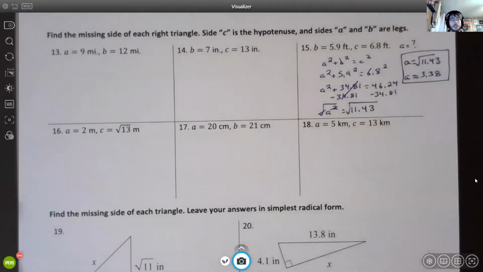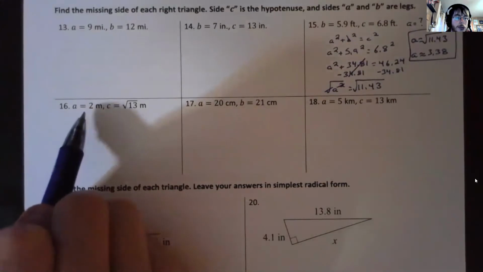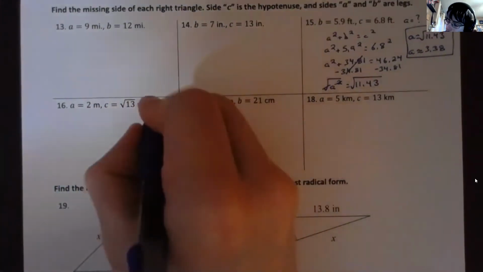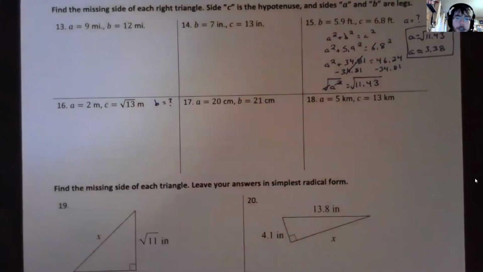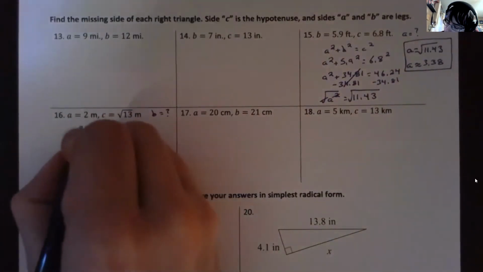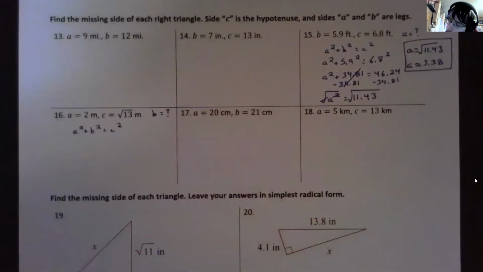All right, let's look at number 16. We have A equals 2 meters and C equals root 13 meters. So we're looking for B, which means we're looking for a leg. Remember, A and B are legs and C is the hypotenuse. So A squared plus B squared equals C squared.